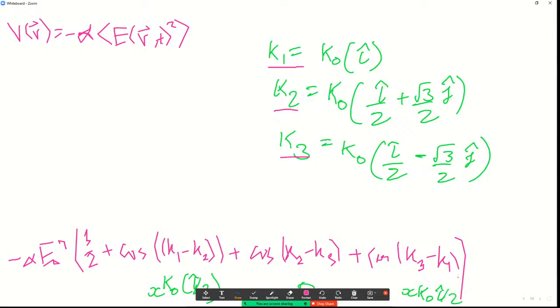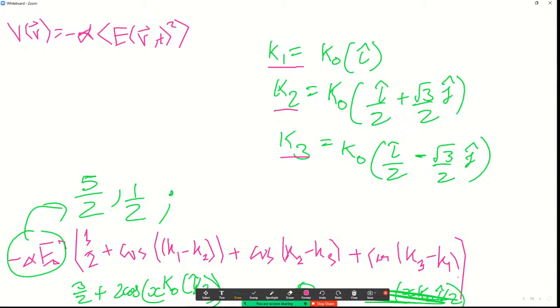The minus would be cancelled by the cos. So we get 2 times cos of this for x direction. So maximum would be 5 by 2 and the minimum would be 1 by 2 times this.